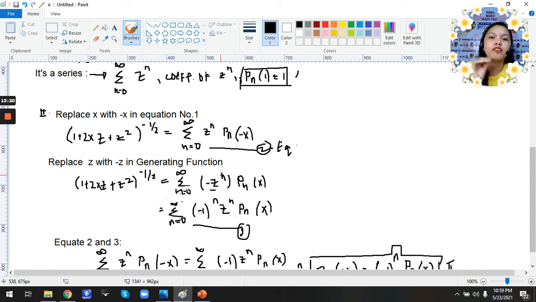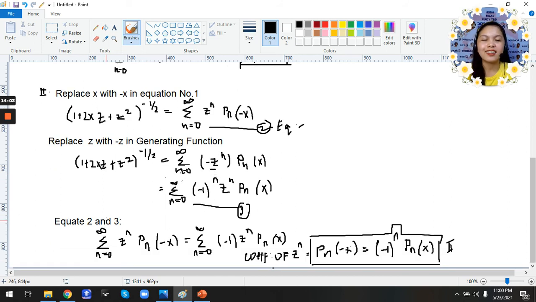We already changed the positive into negative. Because of that, we have equation number 3, which is the summation from n equals 0 to infinity of negative 1 to the power of n, z to the power of n, and P sub n of x. That is our equation number 3. You just have to change the positive x into the negative x to get equation number 2, same as with equation number 3, where you change the positive z into the negative z.